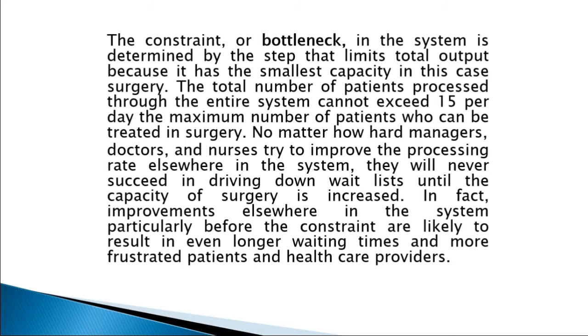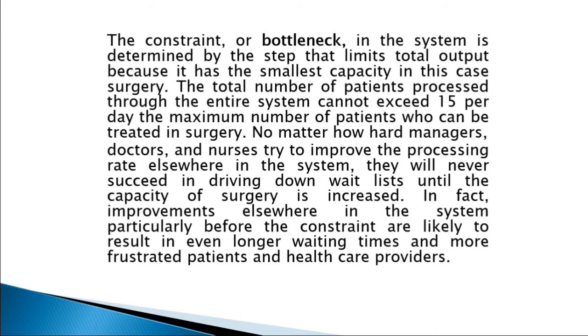The constraint, or bottleneck, in the system is determined by the step that limits total output because it has the smallest capacity, in this case surgery. The total number of patients proceeding through the entire system cannot exceed 15 per day, the maximum number of patients who can be treated in surgery.